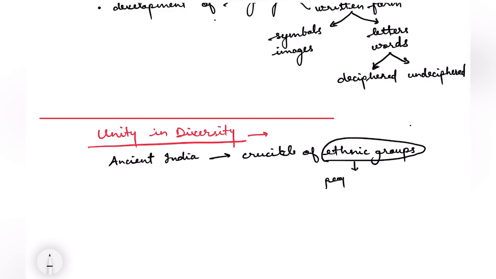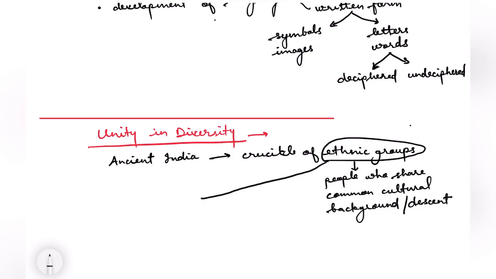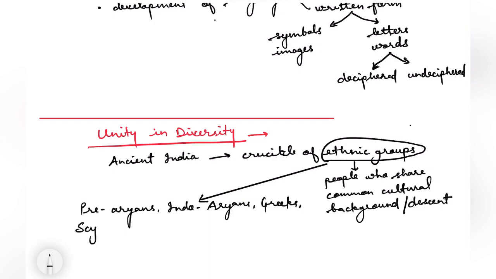For example, pre-Aryans, Indo-Aryans, Greeks, Huns, Scythians, Turks and others all came to India and settled here. When they settled in India, they all contributed their part. They had different cultures, so they all contributed to the development of the Indian social system.